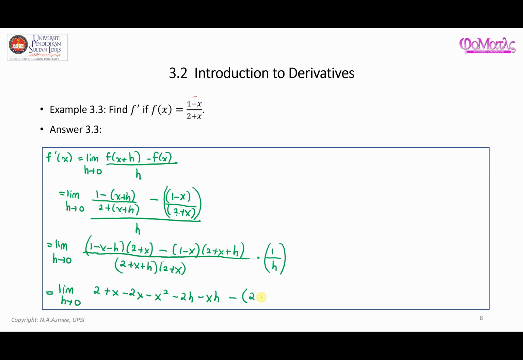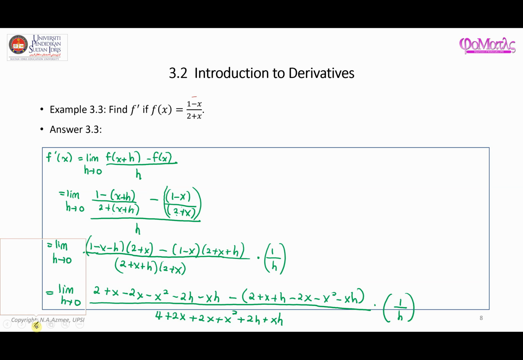We have 2 plus x plus h, then negative 2x, negative x squared and negative xh. This is such a long expression. At the bottom you will have 4 plus 2x plus 2x plus x squared plus 2h plus xh, and here we have 1 over h.